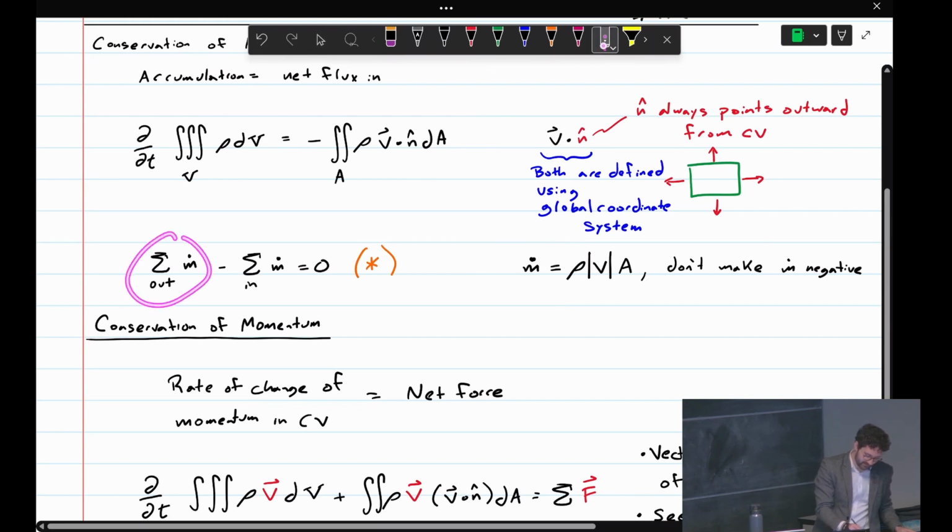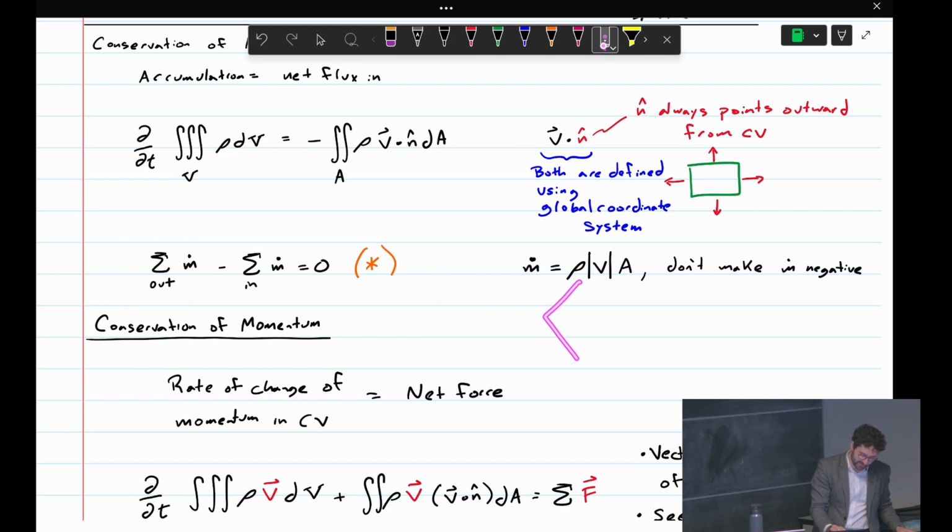You can, if you want, use it on the left-hand side face of that CV. So the CV looks, if you remember the question, something like this. On the left-hand side face, you have a constant velocity profile, so you can do just m dot equals rho VA there. But on the right-hand side face, you have to do the integration.